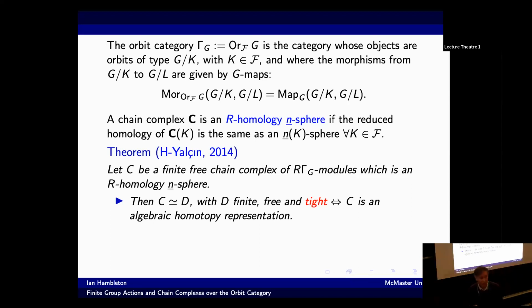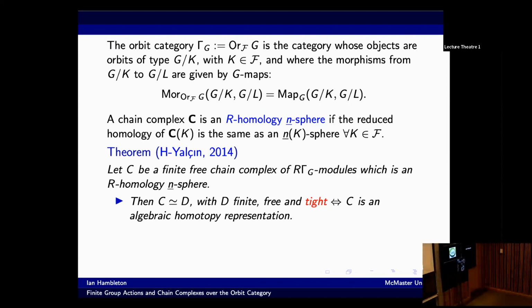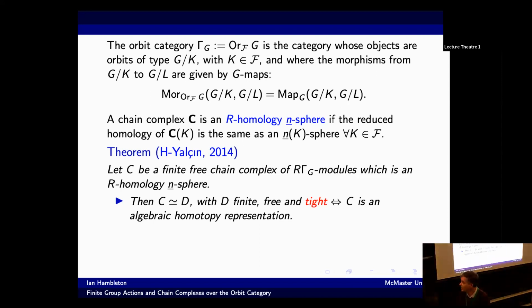So we studied the algebraic question about finite free chain complexes over the orbit category which are homology n spheres. And on tightness, we proved that you can go from this finite free chain complex to an actual finite chain complex, up to homotopy equivalence, if and only if it's tight, if and only if it's an algebraic homotopy representation.